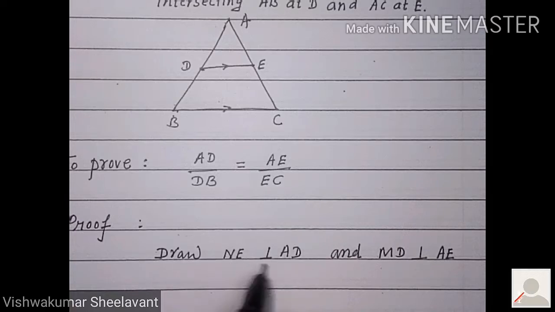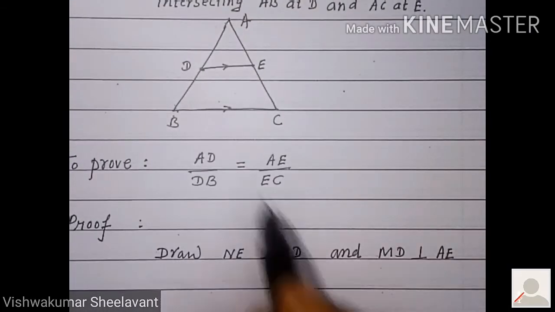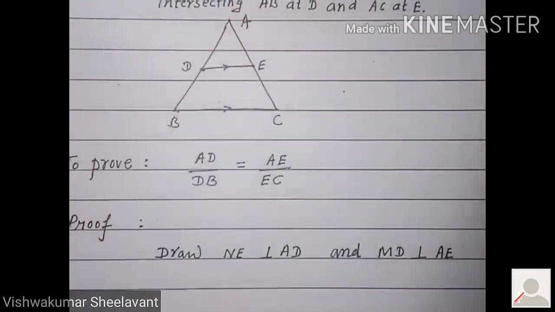See, NE is perpendicular to AD, it means that NE will be perpendicular to AB also. We'll show that first.